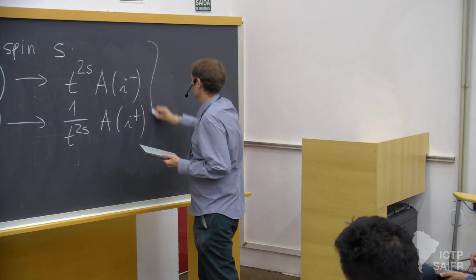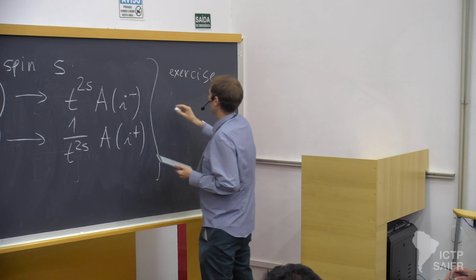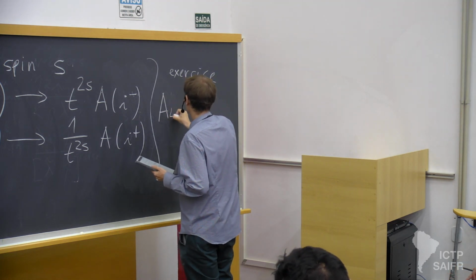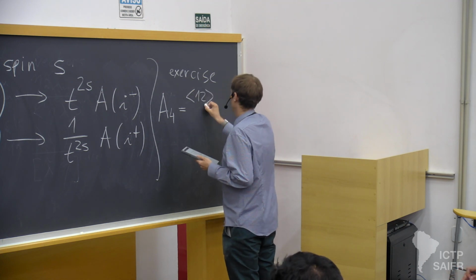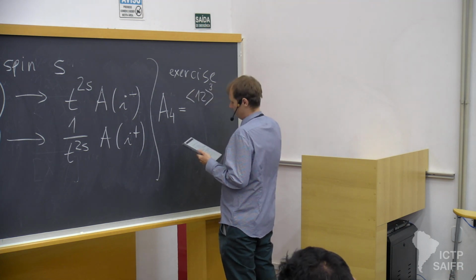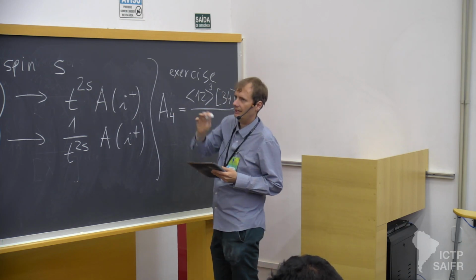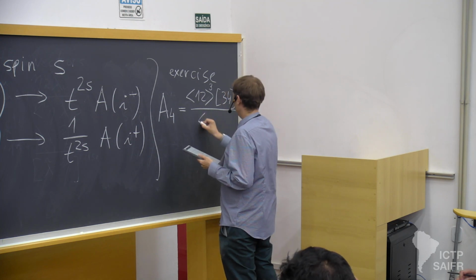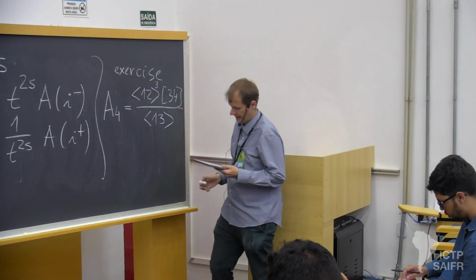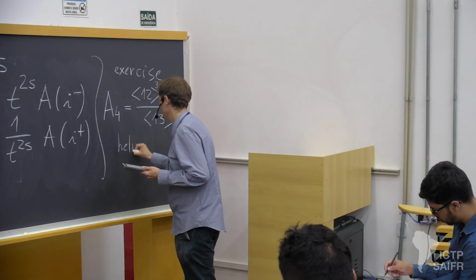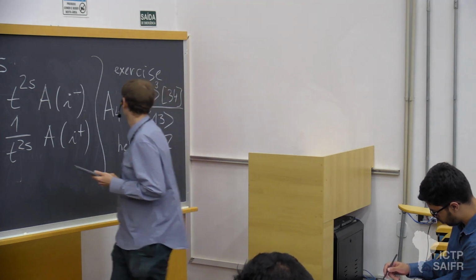Okay, so this I leave as an exercise. I can give you an amplitude. Let me give you a 4-point amplitude, written using these spinor-helicity variables. Just from these transformation rules under the little groups, you cannot prove that it's a correct amplitude, but you can directly tell what the helicities of the individual states 1, 2, 3, 4 are.